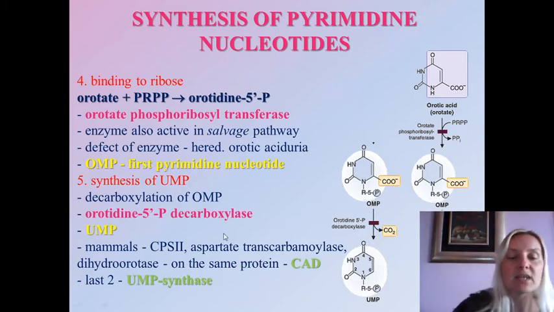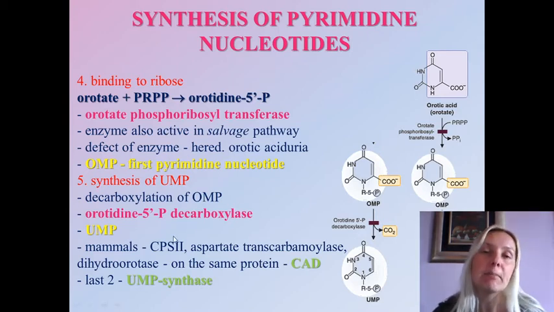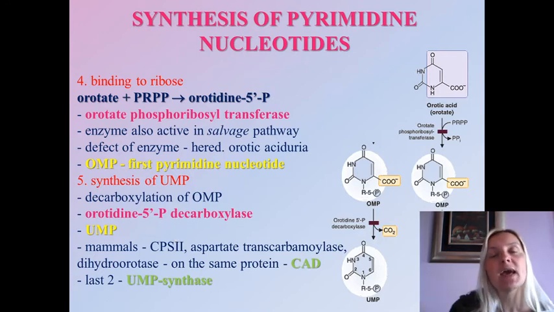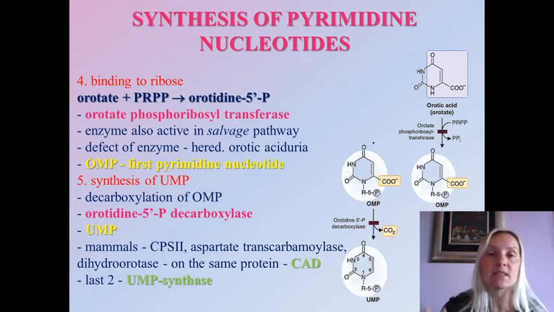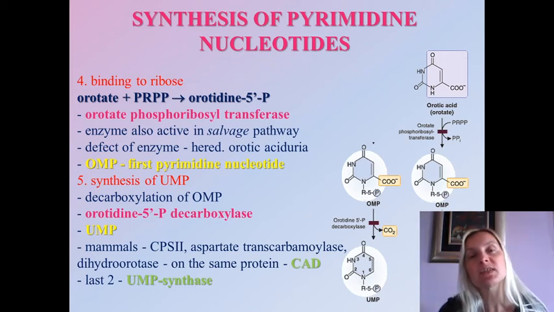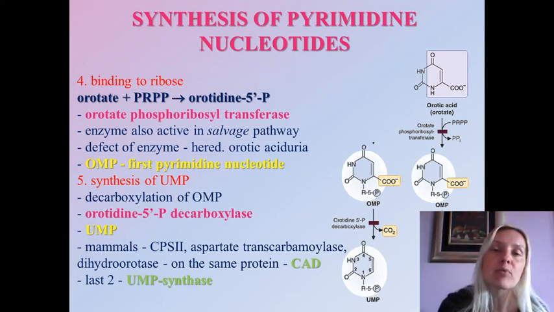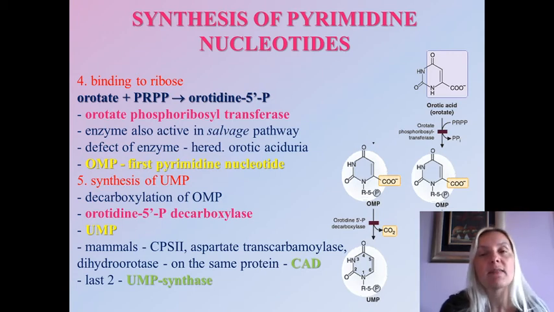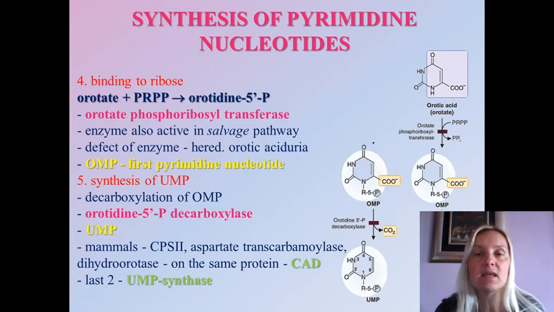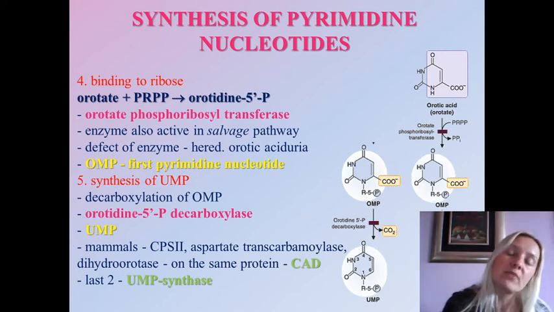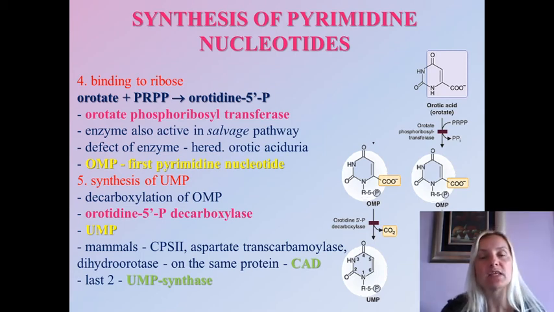Let me make just a small digression. In mammals, the first 3 enzymes of the pathway, carbamoyl phosphate synthetase 2, aspartate transcarbamylase, and dihydroorotase, are located on the same protein carrier, and this complex is marked as CAD, coming from the first letters of the names of these 3 enzymes.